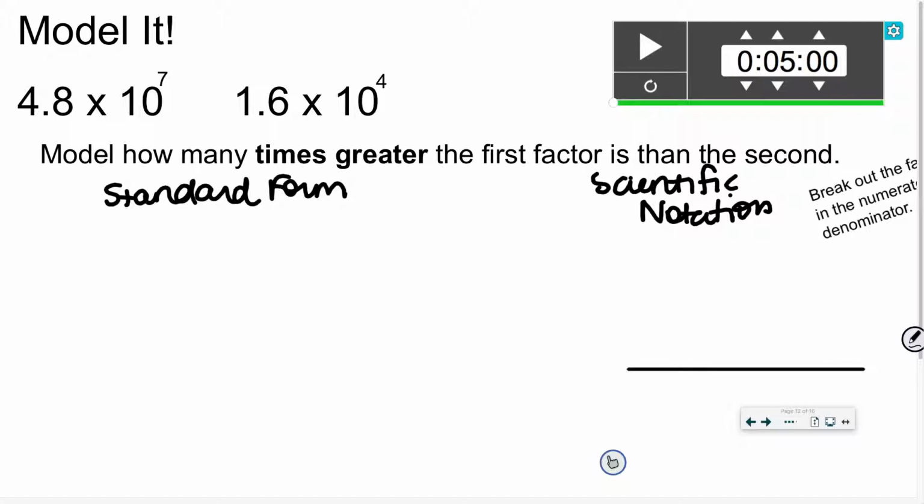Now I want you to try to break them out both ways. Now I'm probably going to pause the video while you do this. Actually, no, I'll keep the video on so that we can go through the example.